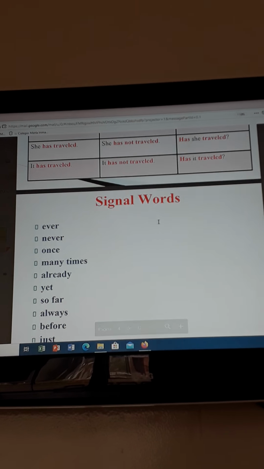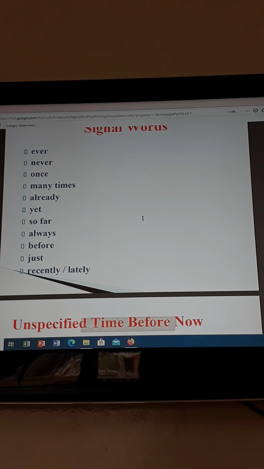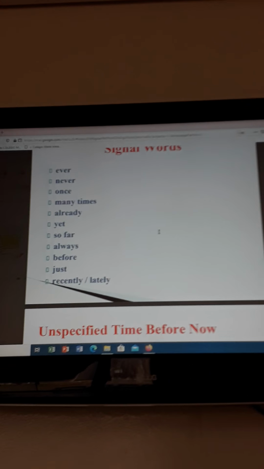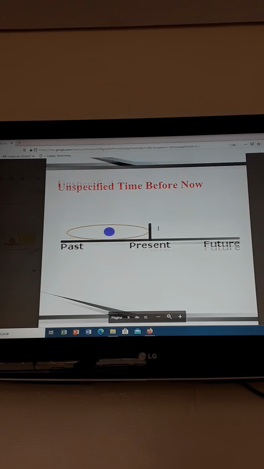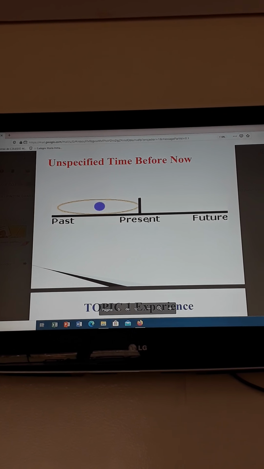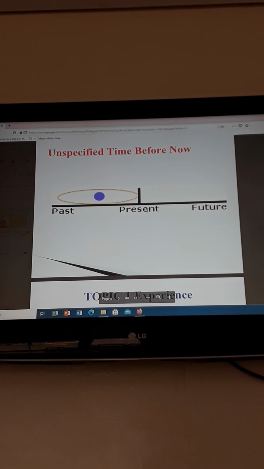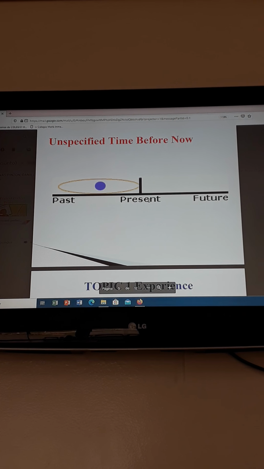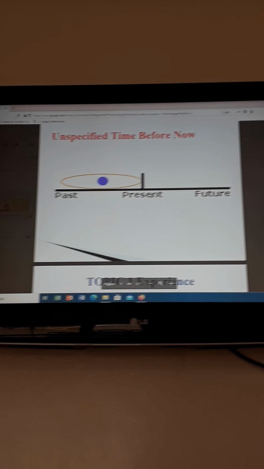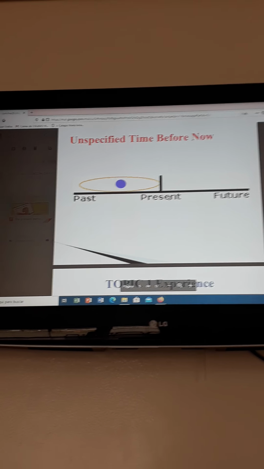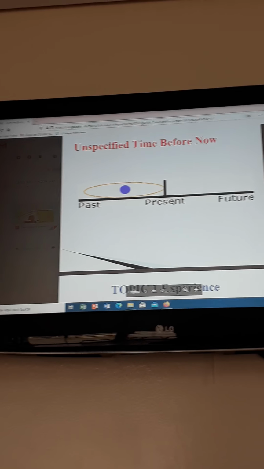Okay? And we have here something that I call time expressions. Why time expressions? Because those are signal words which help us to know when we are using the present perfect tense. So, we know how to use it, but the point is when. We use present perfect for actions that started in the past and are still happening in the present, okay?